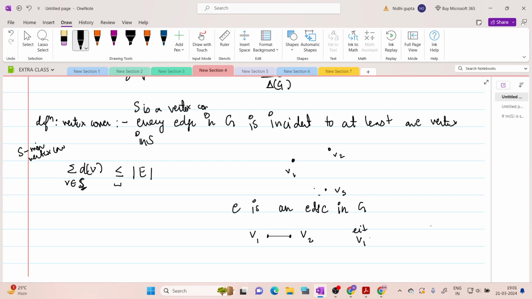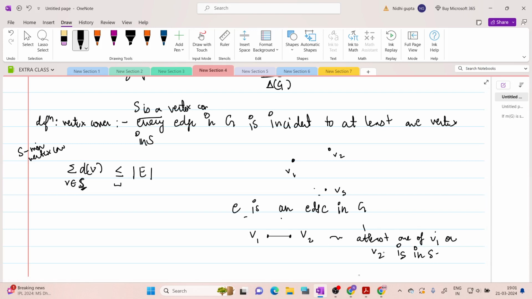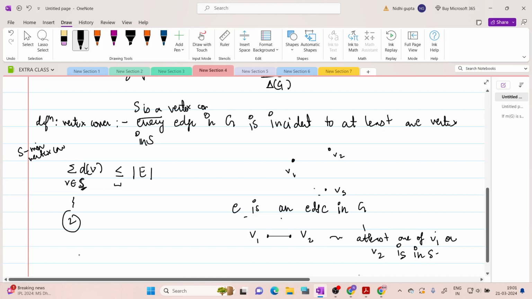Because if S is a vertex cover and e is an edge, then this vertex cover says that every edge is incident to at least one vertex in S. So by definition, at least one of V1 or V2 is in S. If both V1 and V2 are in S, then it is contributing 2 to this LHS.